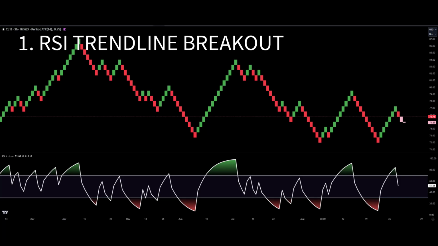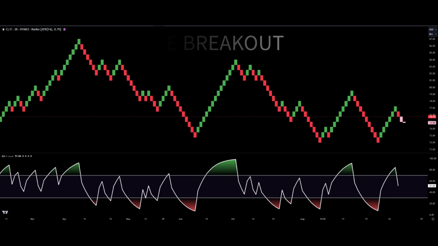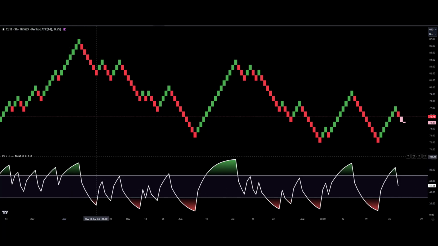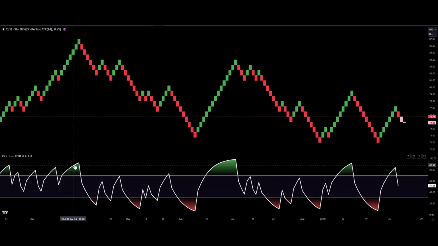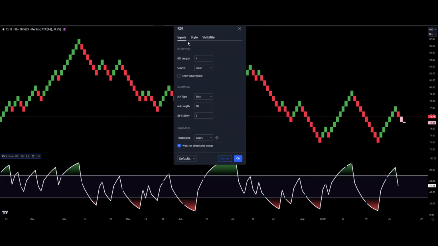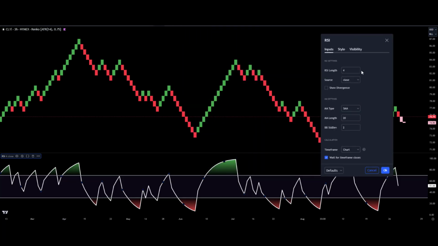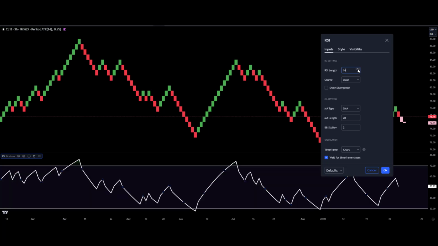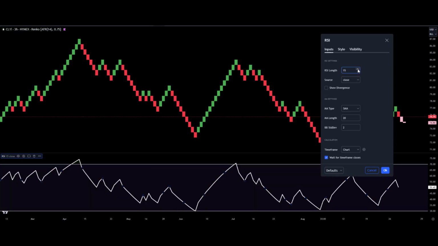It's really easy. It's just about drawing trend lines on our RSI at the bottom there. It's the standard RSI I've got here at the moment, but if you really want to play around with it, you can make it faster or slower. This one is a really fast 4-period RSI, but the standard one at 14, you can see what that does to the Renko RSI setup.